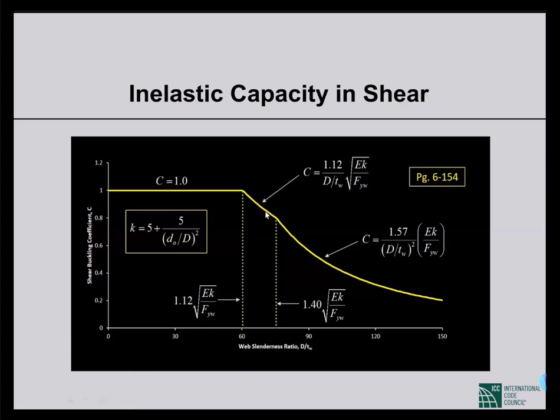Between these two limiting slenderness limits, there will be inelastic buckling, and for the capacity in that region we just linearly interpolate depending on the slenderness ratio. So that's the idea.